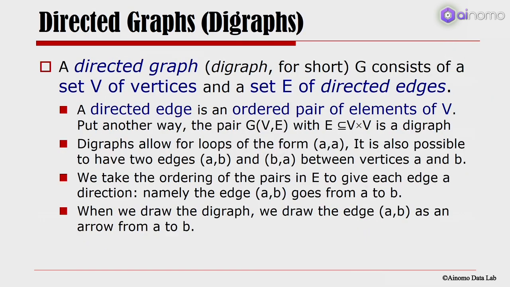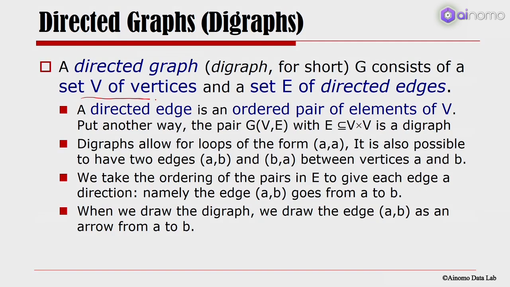What we are more interested in when looking at graph search for solutions to given problems are what are called directed graphs, or digraphs for short. Here again it has a set of vertices V, but the set of edges is actually directed edges. So what are directed edges? Directed edges are ordered pairs of elements of V. Put another way, if I have a graph as a two-tuple of V and E, where E is a subset of V cross V, it is a digraph if these pairs are ordered pairs.